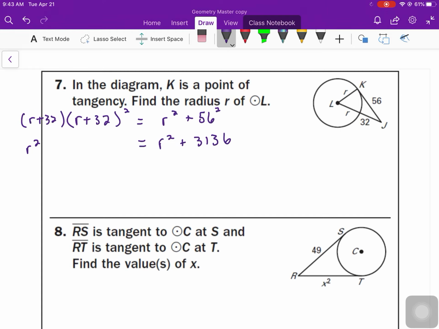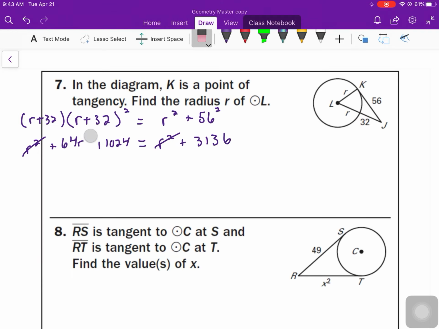So you're going to give me r squared plus, now I'm combining the outside and inside, because outside gives me 32r, inside gives me 32r. So I'm going to jump right to that just being r squared plus 64r. And then 32 times 32 gives you, I believe, what, 1024? Yep. So plus 1024. Again, looks really ugly, but if I combine the r squareds, I move one over, they're gone.